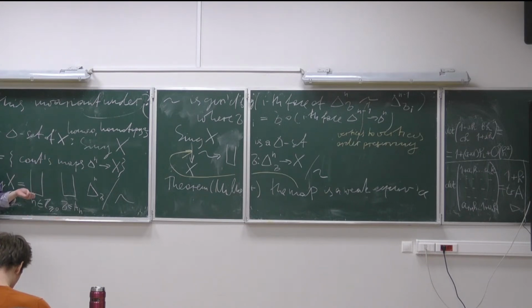Suppose we have two points in the quotient space. Let's consider the preimages in the disjoint union, and the points are disjoint, so the preimages do not intersect.